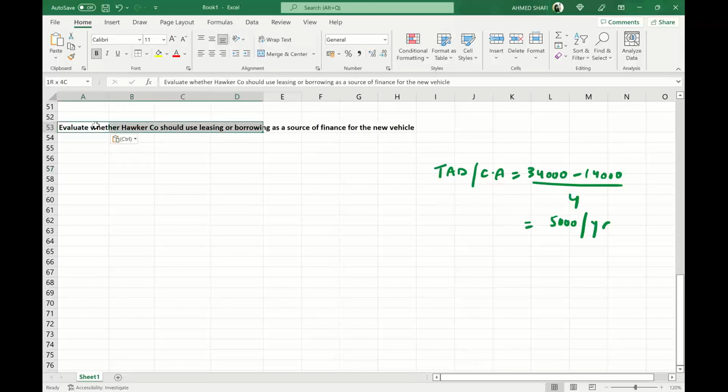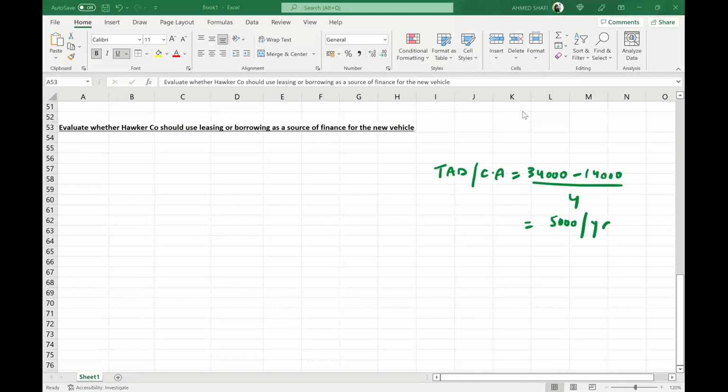I will answer this requirement, whether Hawker should use leasing or borrowing. Now, what does the NPV calculation say? When you have to take a decision between leasing or borrowing, borrowing means buying, you have to find the NPV of each option, and whichever option is giving the better NPV, you need to choose that.